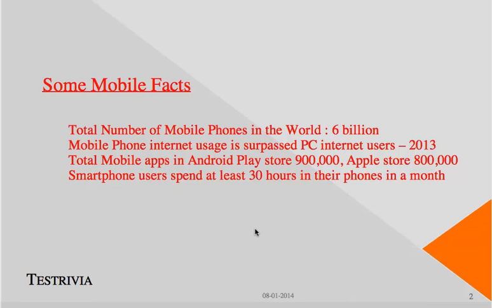So smartphone users spend at least 30 hours on their phone in a month, meaning at least 1 hour in a day. I really believe it may be even much more than 1 hour a day. Like if you are using Facebook or Twitter or Nimbus or WhatsApp, you just keep looking at it and browsing it.